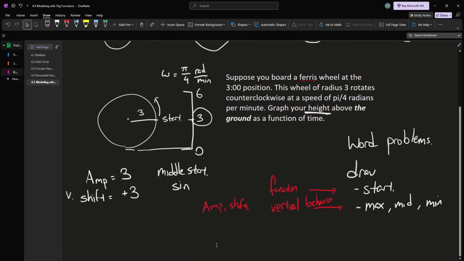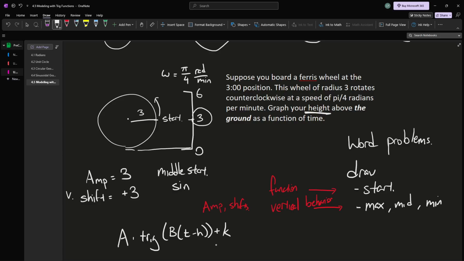Let's actually pause for a bit and write down my basic trig function. We'll also write down what we normally need for a graph, because this one says graph. We want a function of time, but we also want a graph.